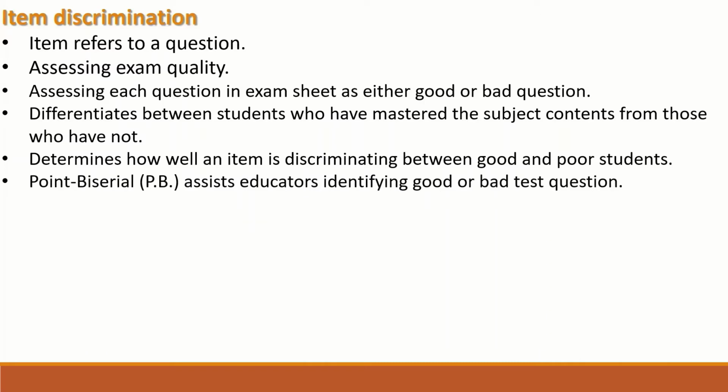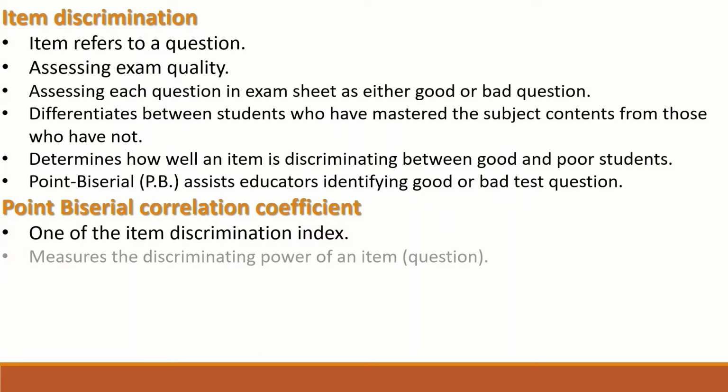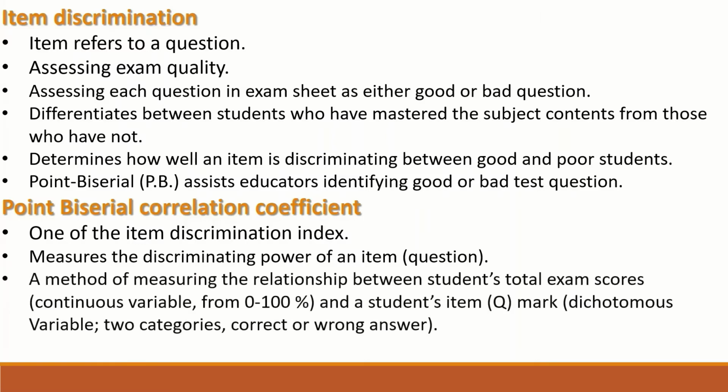Point biserial correlation coefficient assists educators to identify good or bad test questions. So the coefficient is one of the item discrimination indices. It does measure the discriminating power of an item or a question.